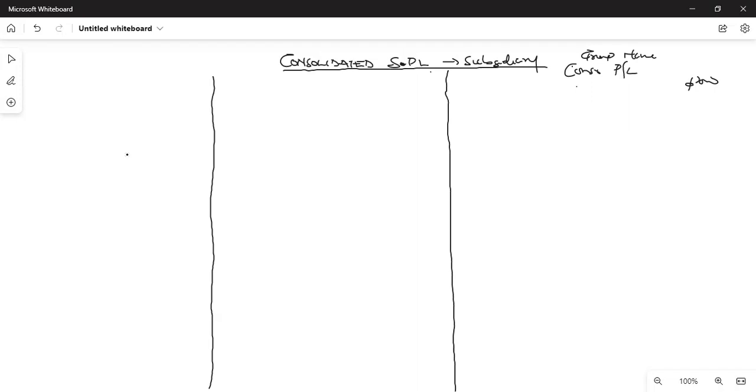Now, normally, this is how a P&L looks like. You have revenue, then you have to less what? Cost of sales, right? According to IAS 1, whatever you get, you are going to obtain your gross profit.